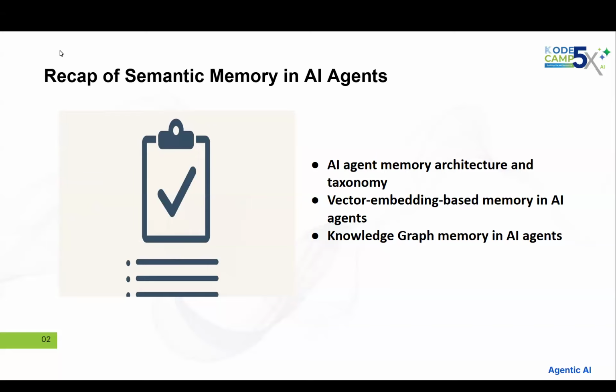We went further to talk about knowledge graph memory in agentic AI, contrasting it to vector-based memory. The advantage of knowledge graph memory is that it addresses the limitation we identified with vector-based memory, which is that, to prevent hallucination, the agent is grounded in a structured web of facts.